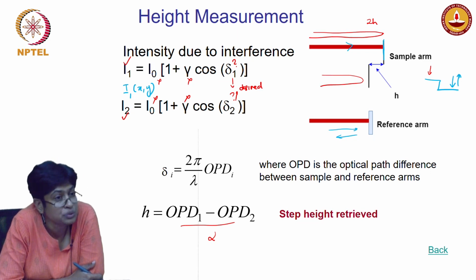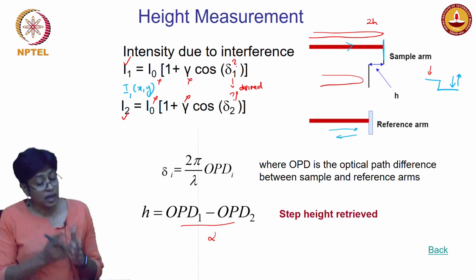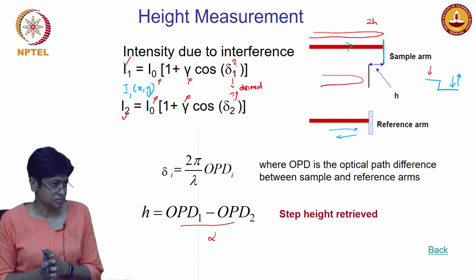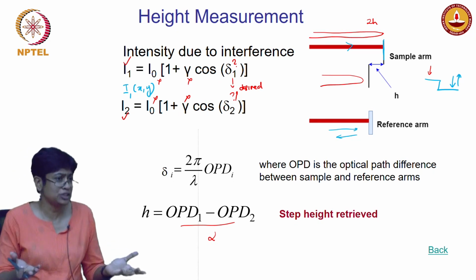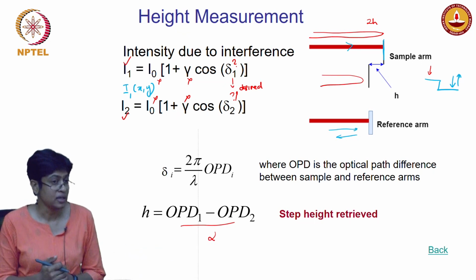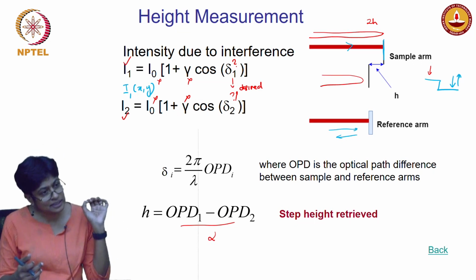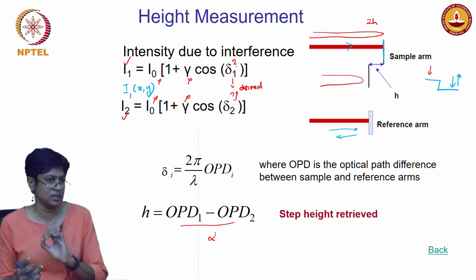So I am going to do some more experiment, get some more data so that I get more knowns. How can I do that? Well, I don't know I0 and I don't know gamma. And you might ask, can't I just measure I1 and I2? The thing is, in a practical system, you can measure the intensity you're sending into the system.